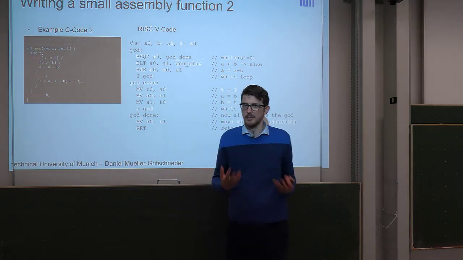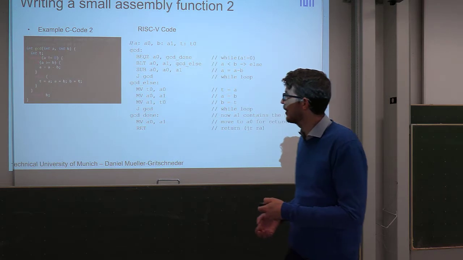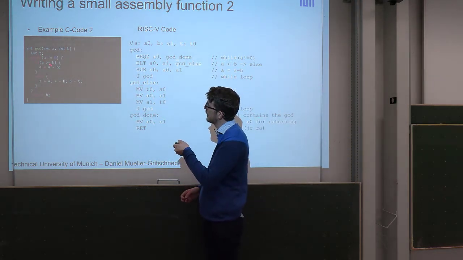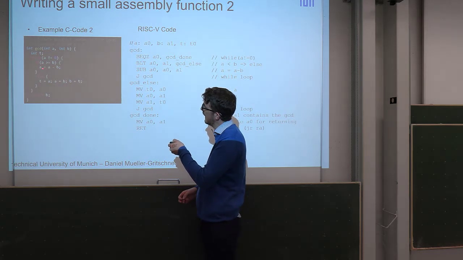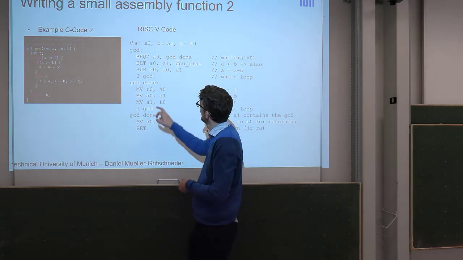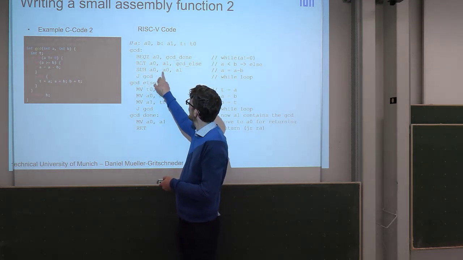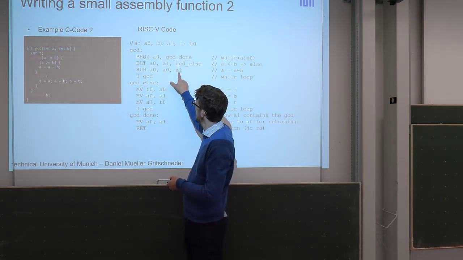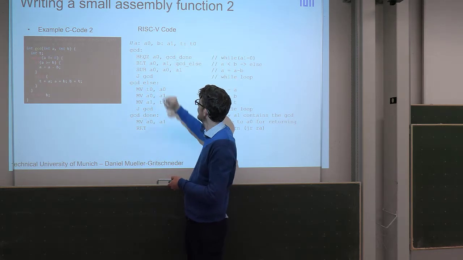If we're not taking the else branch, we are actually in the if branch, right? So we continue with our if branch. So we have to say what's happening in the if branch. In the if branch, we make A equal A minus B. Very easy. Sub A0, A0, A1, right? This is A minus B, due to the mapping to the registers.